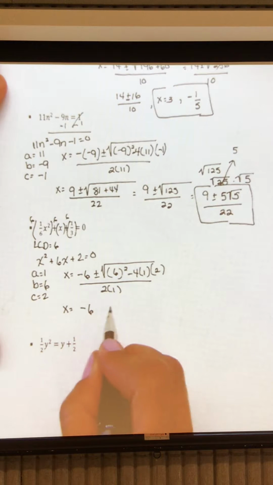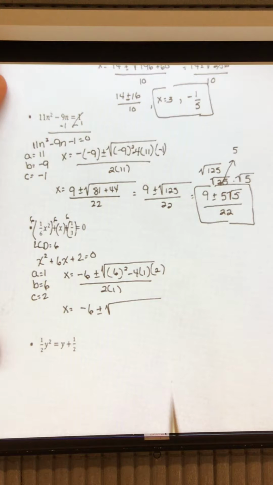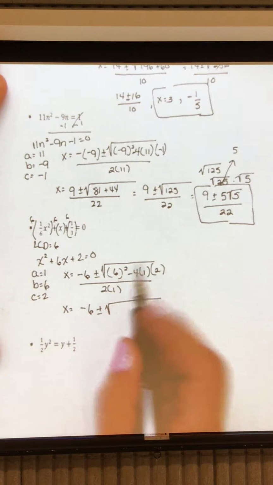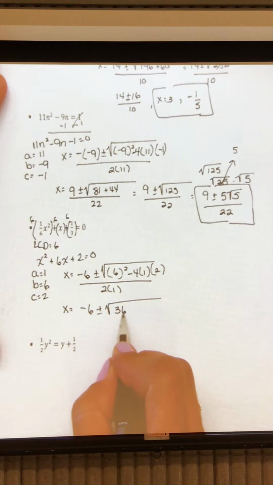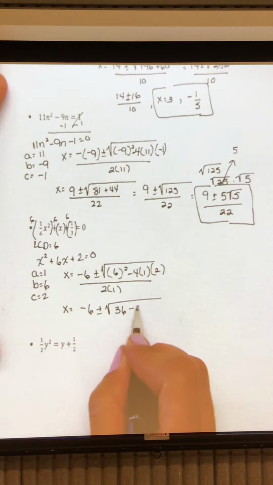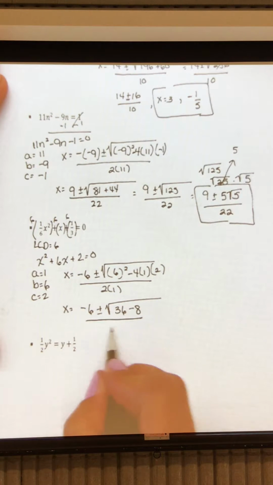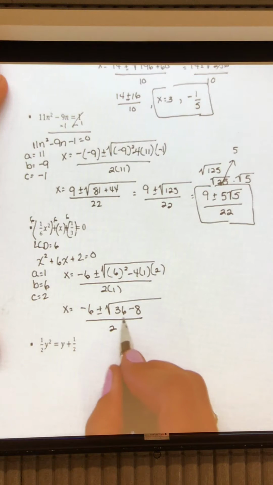We have negative 6 plus or minus square root of 6 squared is 36. You have negative 4 times 2, which is negative 8. 36 minus 8 is equal to 28.